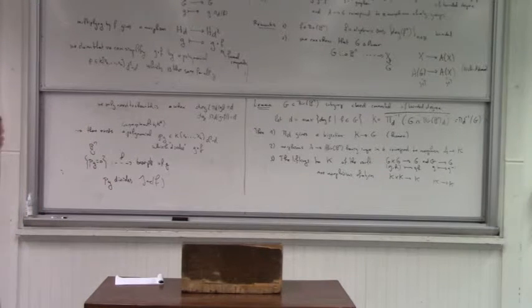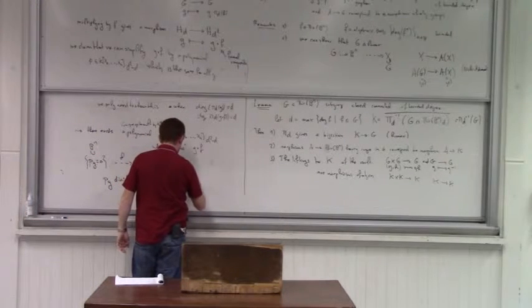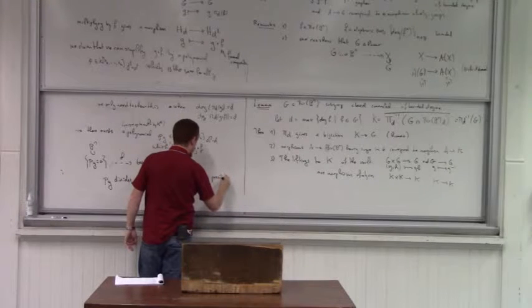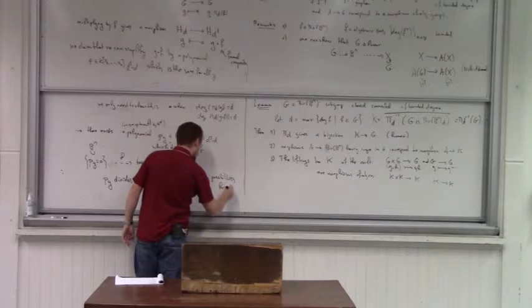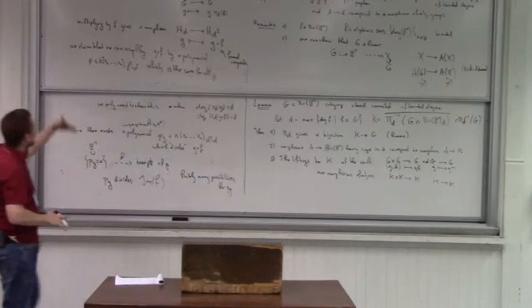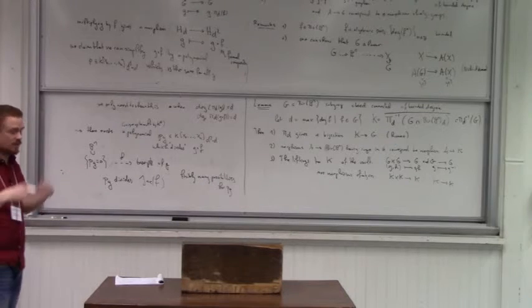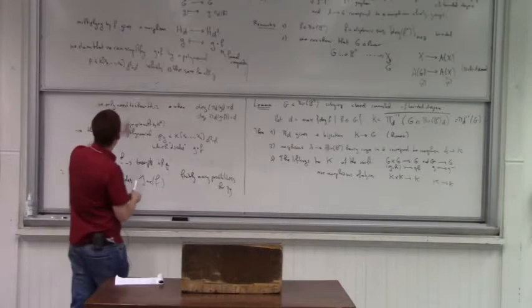It's fixed, so I get finitely many possibilities for PG. And so you write your set as a union of finitely many sets, and because it's irreducible, you can find that there is only one. And so you get this polynomial.